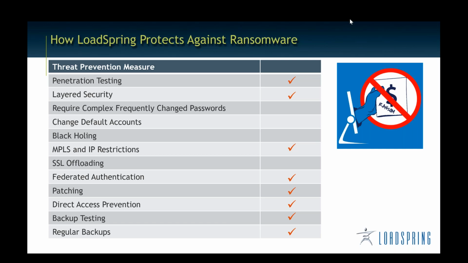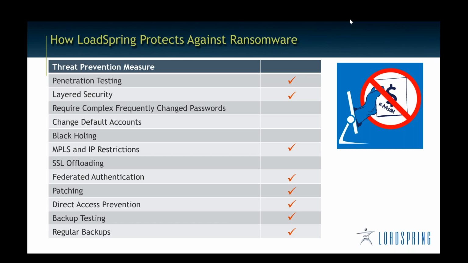Federated authentication, in combination with the direct access prevention, prevents users from being able to access those applications before they authenticate. So they're unable to run any of those scripts without having that valid user account. Patching also is extremely critical here if the penetration test comes back and if there is a patch in place. And then backup testing and regular backups, right?